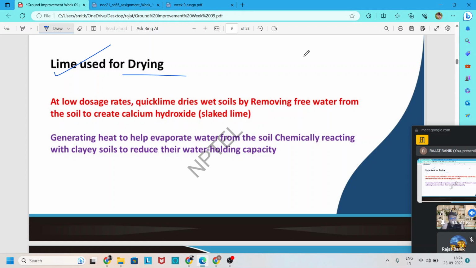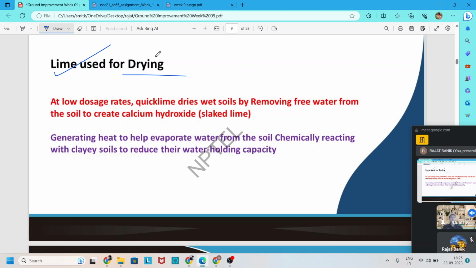By this way, we actually dry out the soil, and then the soil becomes workable to use in the field, or most suitable to use for construction. So by this way we remove the water through lime. And also when this lime reacts with the water, some amount of heat is generated.